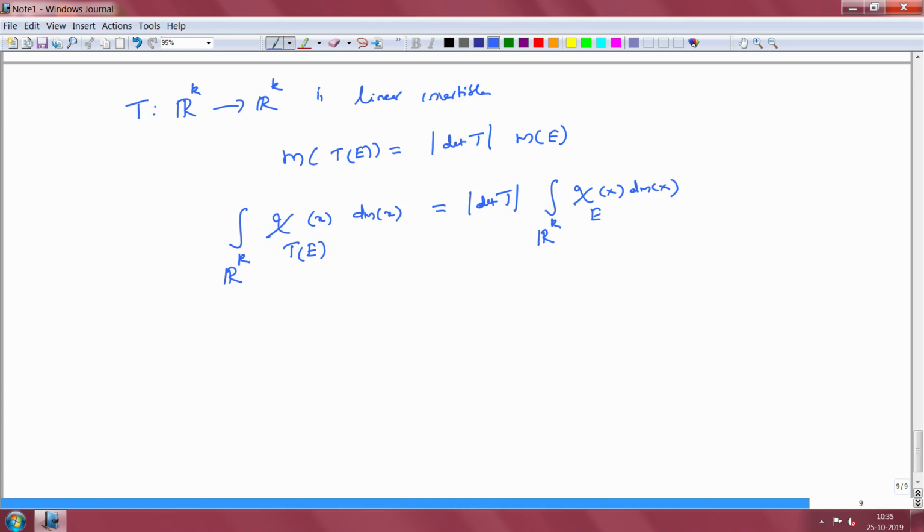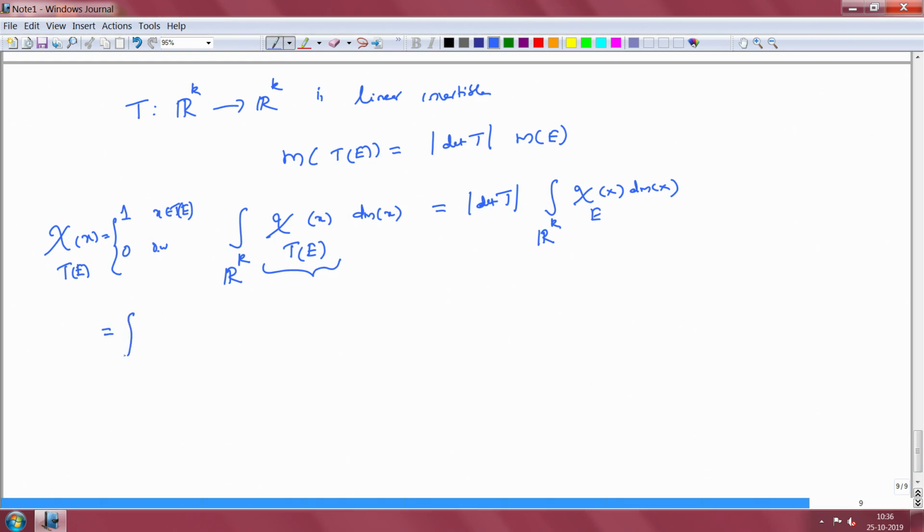But let us look at the left hand side. This function, chi T(E) of x, equals 1 if x belongs to T(E), 0 otherwise.